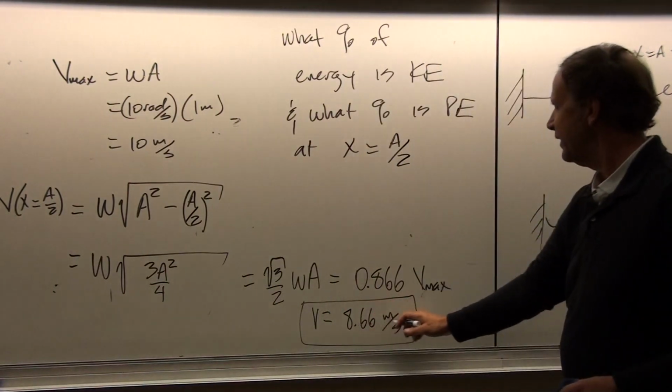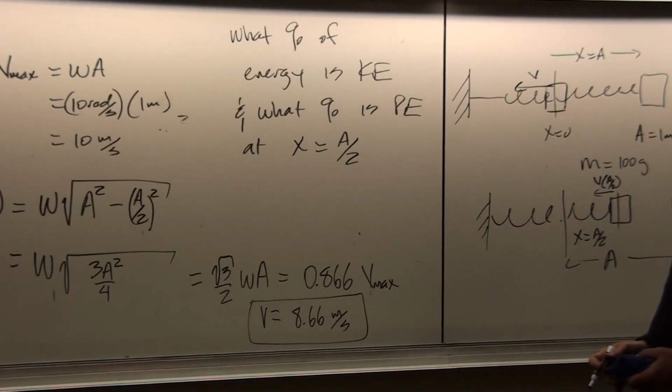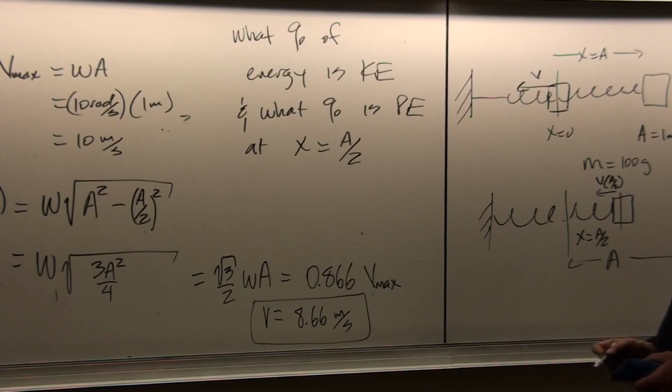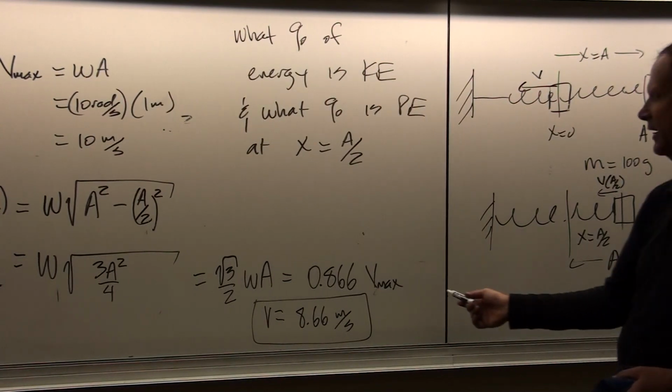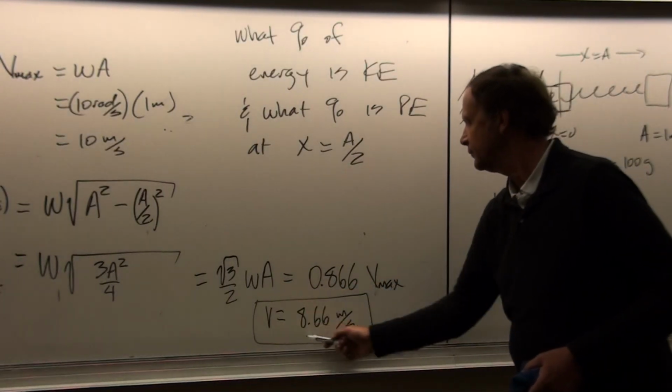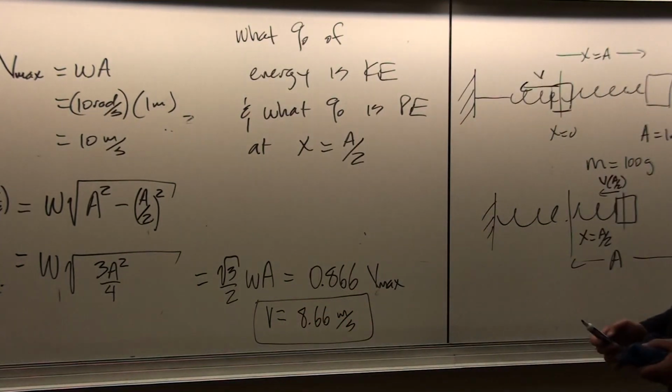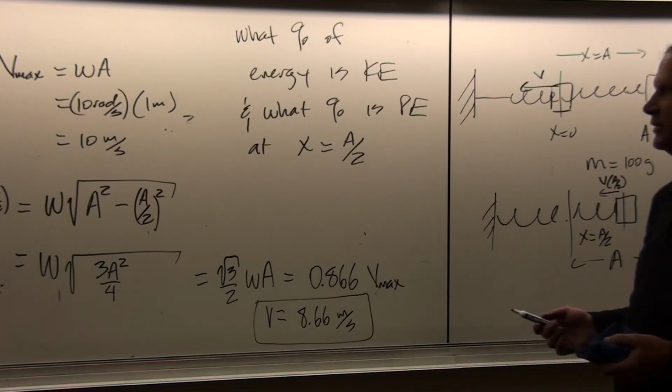Okay, well, we know that most of the maximum velocity is going to be in the form of kinetic energy. So I might guess that I have more kinetic than potential. But we have to be careful when we're doing this.